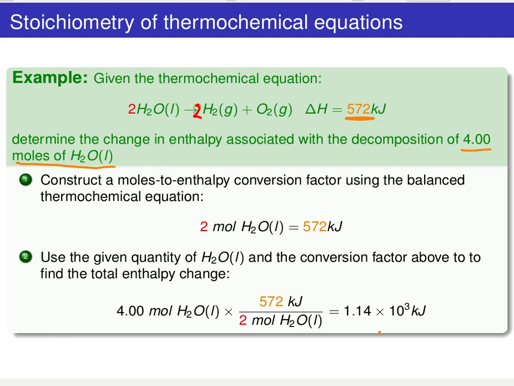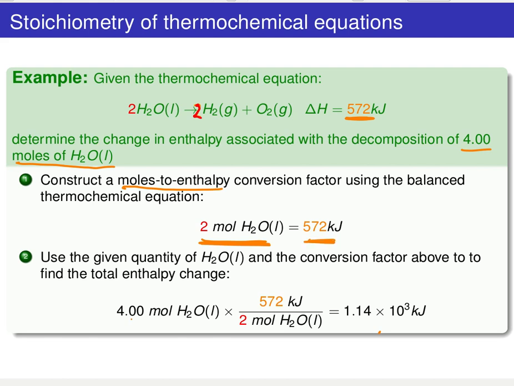moles of H2O liquid. So our first step then is to construct a moles to enthalpy conversion factor using this thermochemical reaction equation. So we're starting off with H2O liquid, so we're going to set up a conversion factor that takes us from moles of H2O liquid to the amount of energy given off.